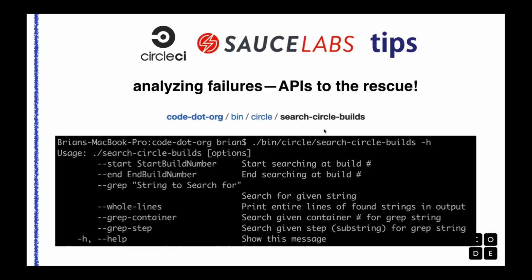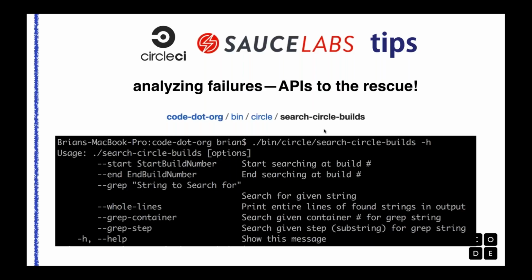So how about analyzing failures? Sometimes things don't go right. Sometimes things break in ways that you might not expect. Or let's say you're trying to make things go faster, and you want to figure out how our build time changes over time. We have a little tool, you can check it out in our repository, called Search Circle Build, which lets you basically grep, from a given start build number to an end build number, and search for a string.